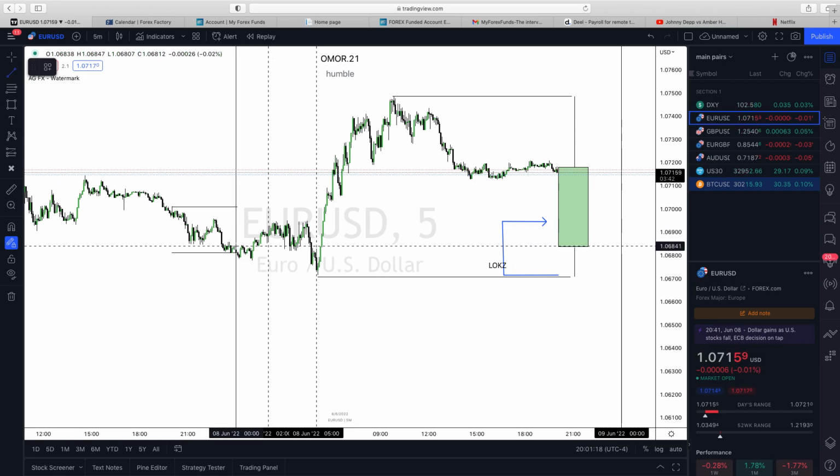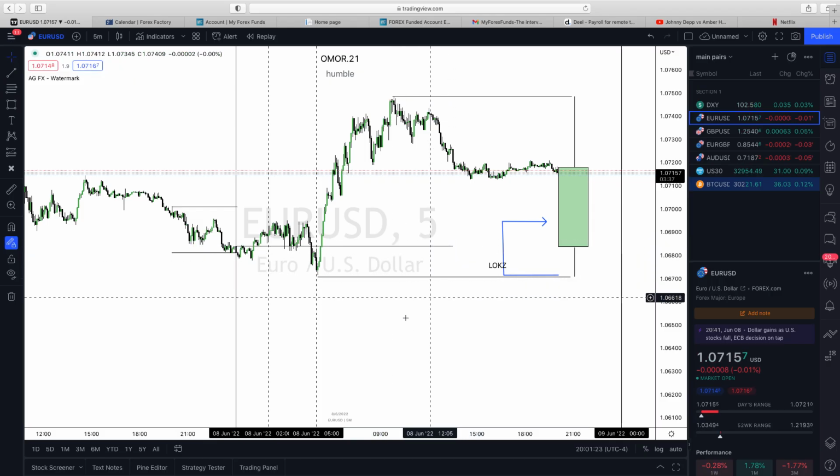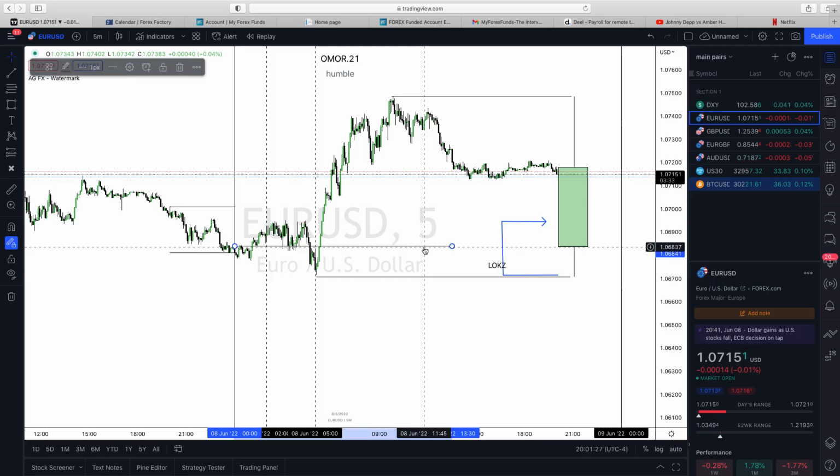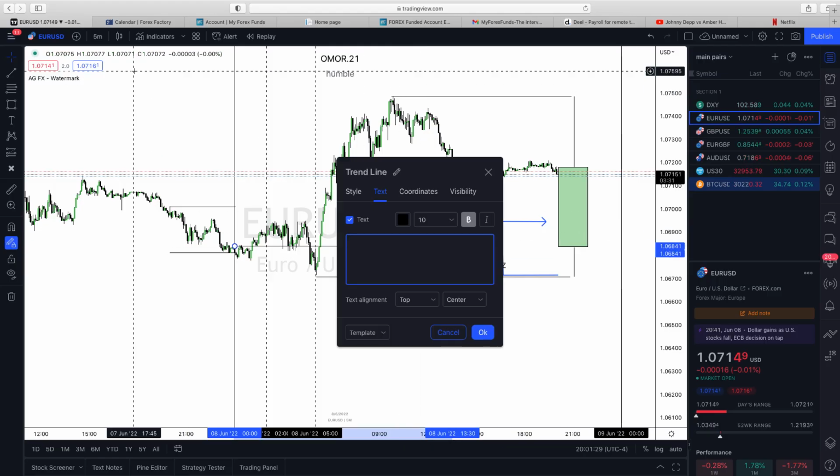This is the midnight opening price here. So let's just take this up, and let's label this New York midnight. Let's just use midnight.